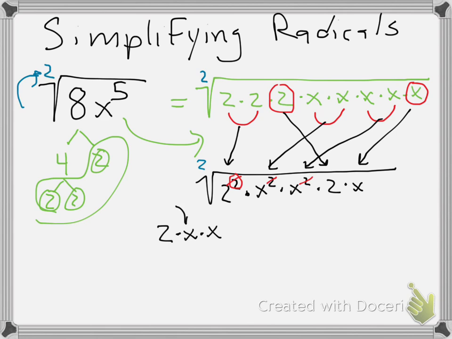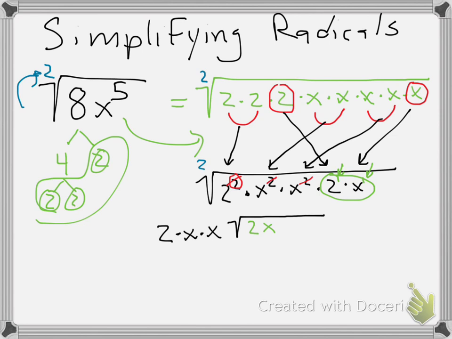Even though these are variables, they're technically numbers we just don't know yet. Then we write our square root symbol. Since these here do not have a square, they're technically 2 to the 1 power and x to the 1 power. They stay inside, they don't have enough to get out. So we can just leave it as 2x inside.